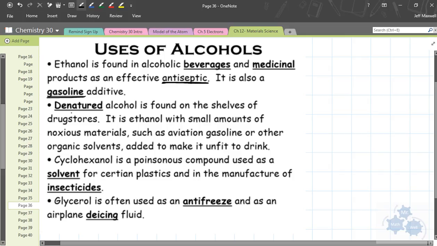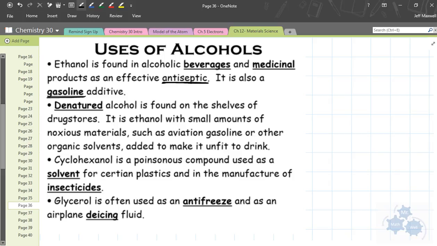Denatured alcohol is found on the shelves of drugstores, so your hand cleansers and stuff like that. It's ethanol with small amounts of other things, and when you have these hand cleaners that smell like really strong scents, that's the alcohol you're smelling.